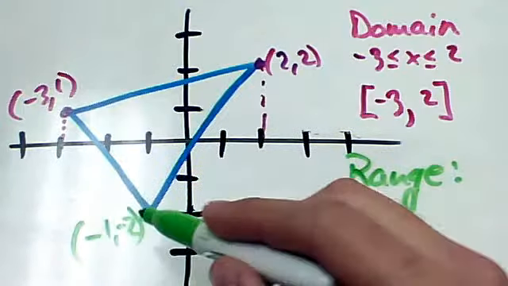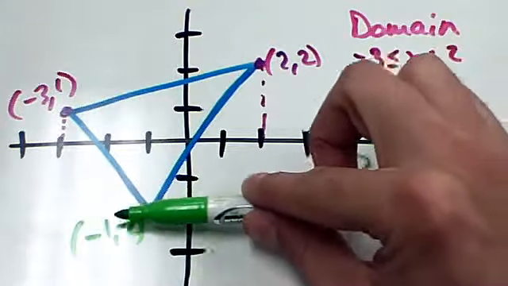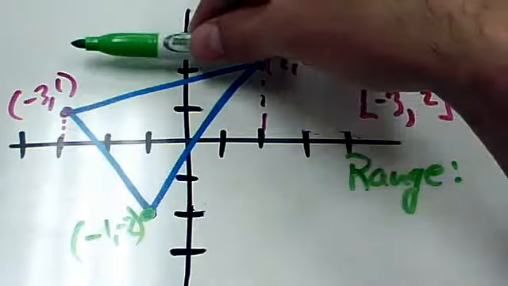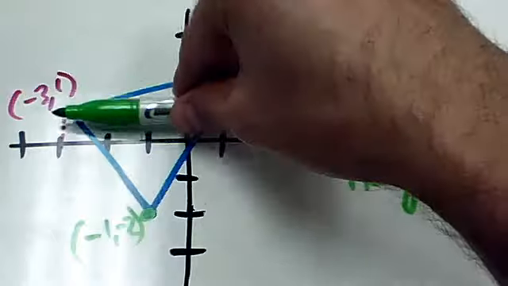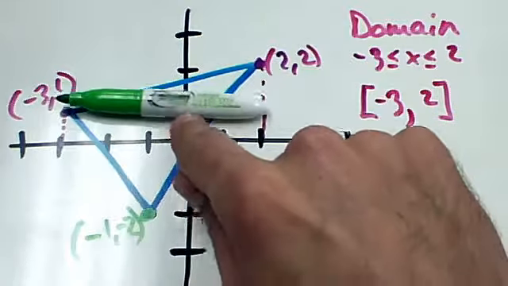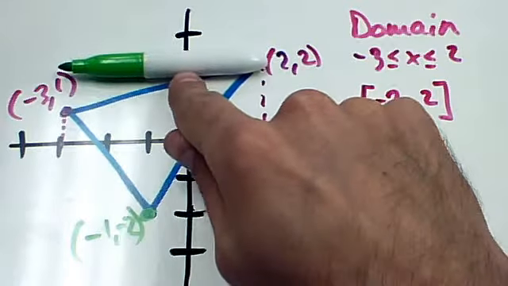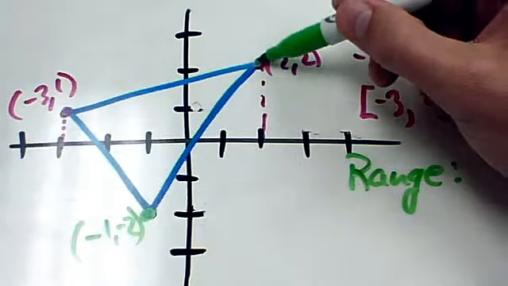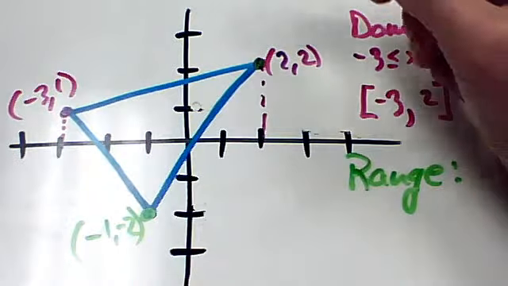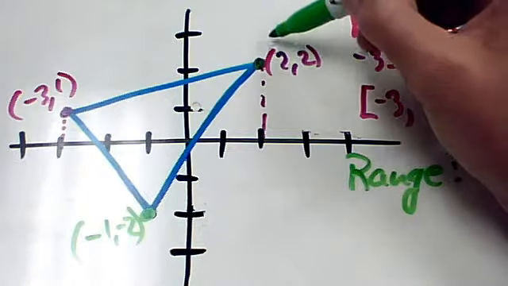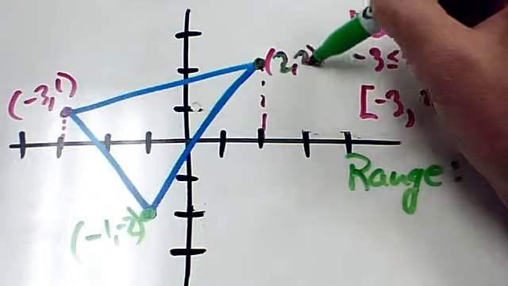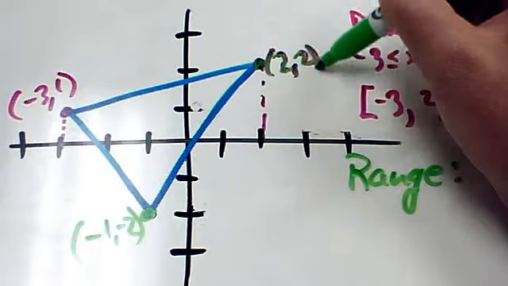And the topmost point, if we take our pencil or dry erase marker and roll it along, the last point that's going to hit my marker is this point right here, which we already said is at (2, 2).